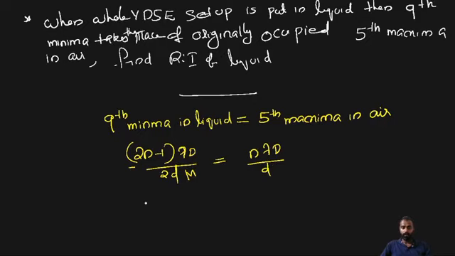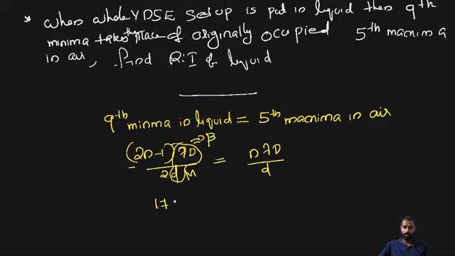So here n is 9, that is 2 into 9 minus 1, 17. This lambda D by d I can put as beta.